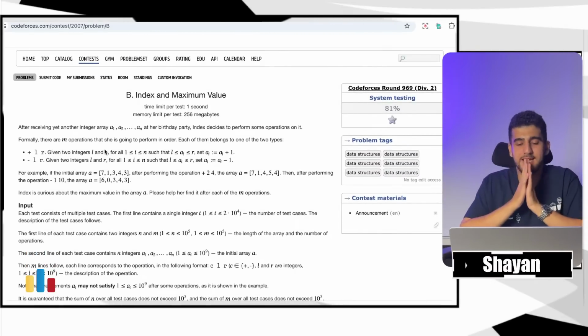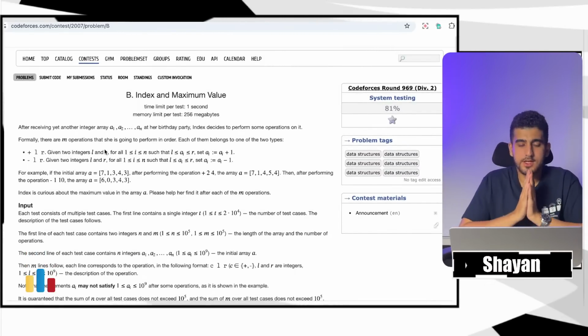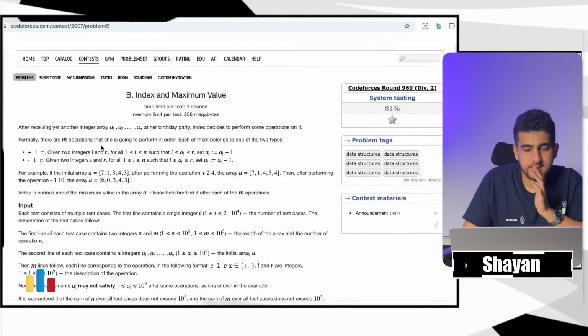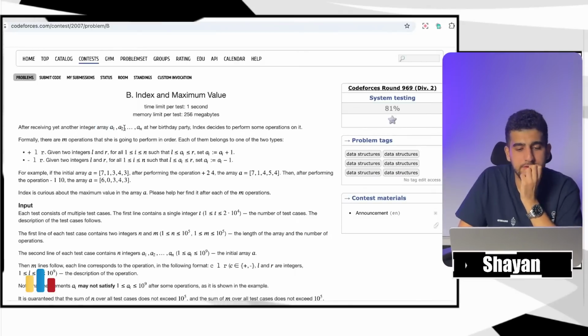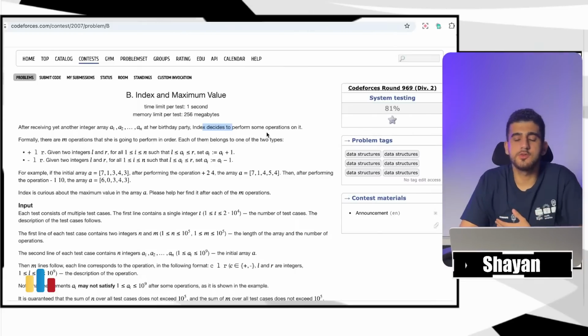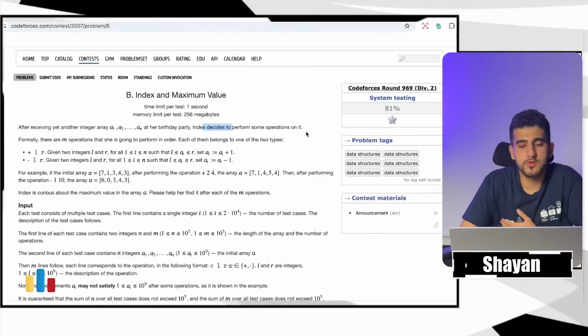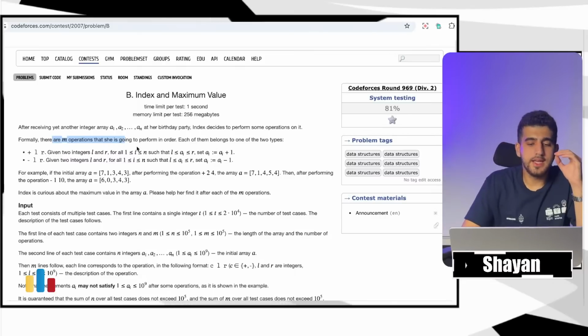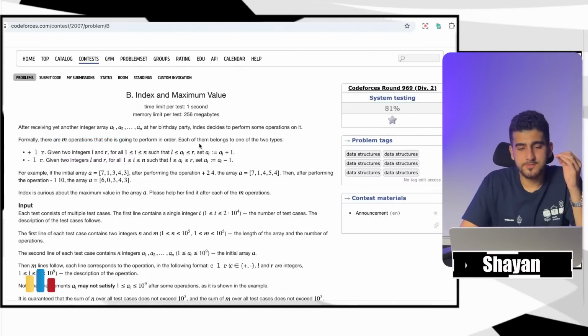So, index and maximum value. It says that after receiving yet another integer array a1, a2 to an as an arbitrary third party, Index decides to perform some operation on it. There are m operations, and in each operation she is going to do this.